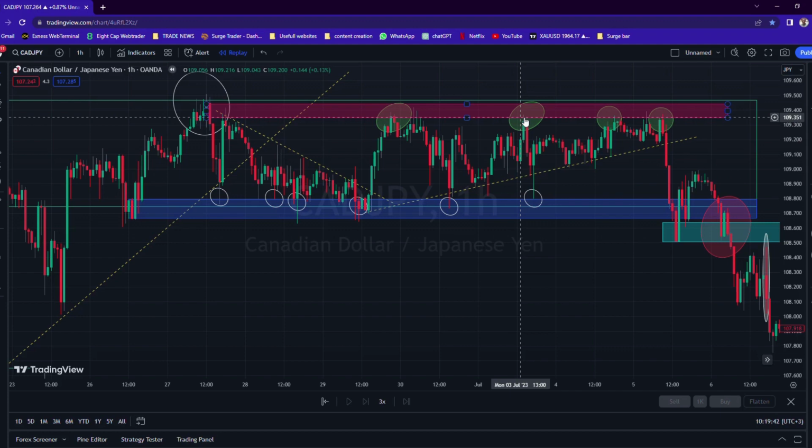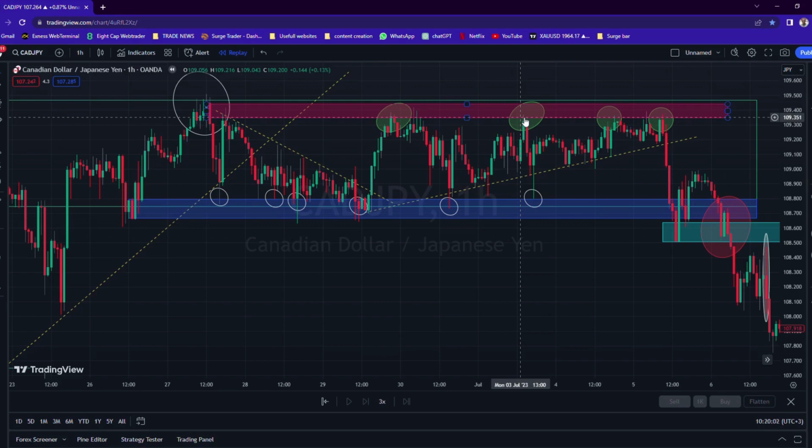So it's kind of a very risky trading strategy. So always put your stop losses close, something like 20 pips, not 70 or 80 pips. 20 pips is the maximum.